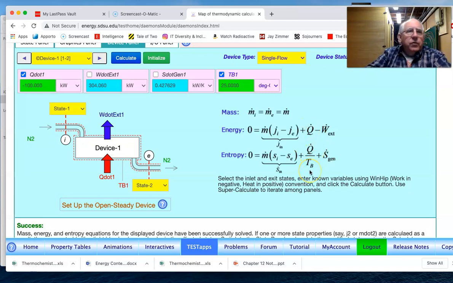But if you redid the problem, it doesn't say that. You would have the minus 100 here times the temperature of the boundary. This term would be half as small, but you would not have half of the Sgen that then got multiplied by the boundary temperature.